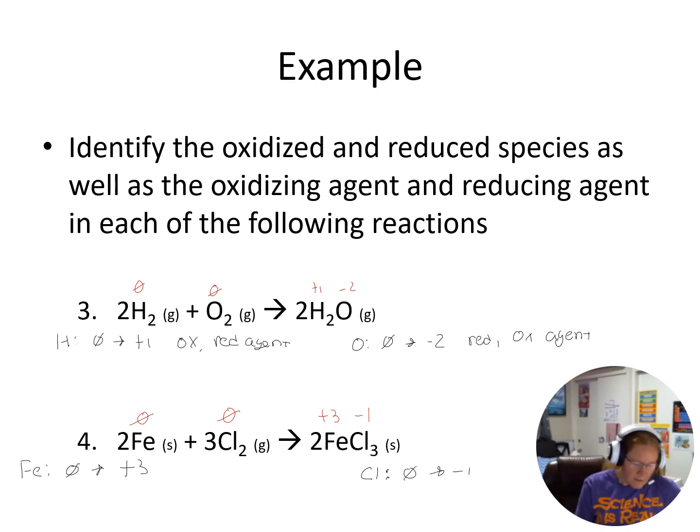Okay, so iron went from a 0 to a +3, which means it got more positive, so it was oxidized. So it's the reducing agent. And then chlorine went from 0 to -1, so it got more negative, so it was reduced, and is the oxidizing agent.